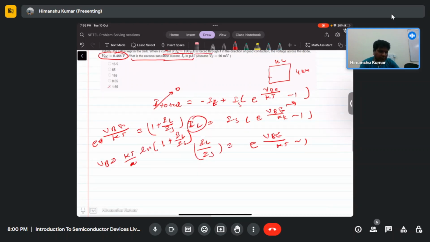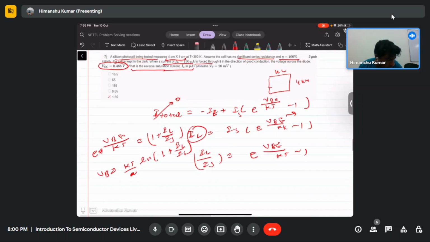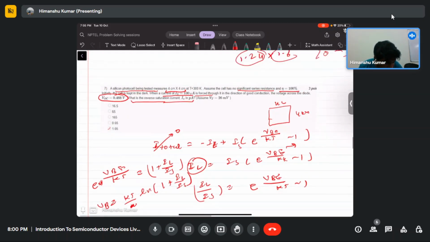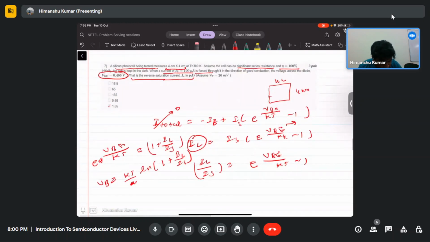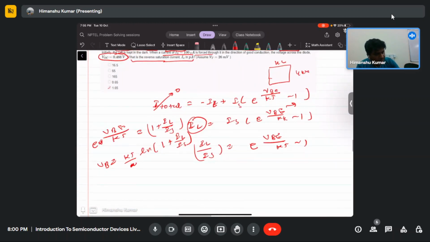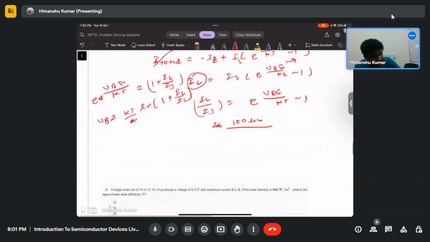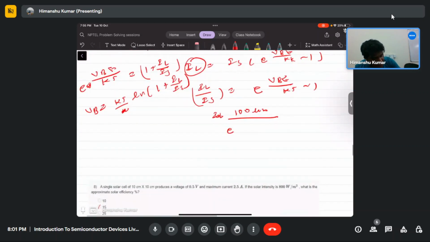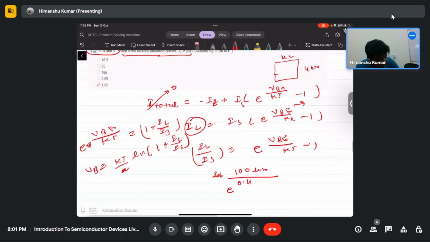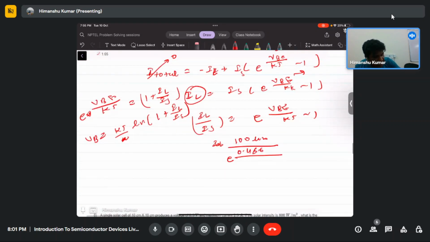Then from that we can calculate the IS current actually. Let's calculate: IL is given as 100 microampere divided by exponential of VBE by thermal voltage, 0.466 divided by 0.025.